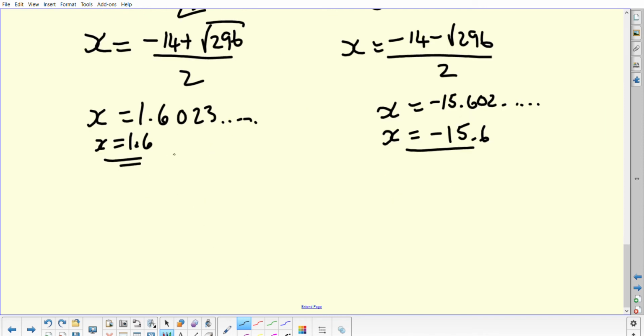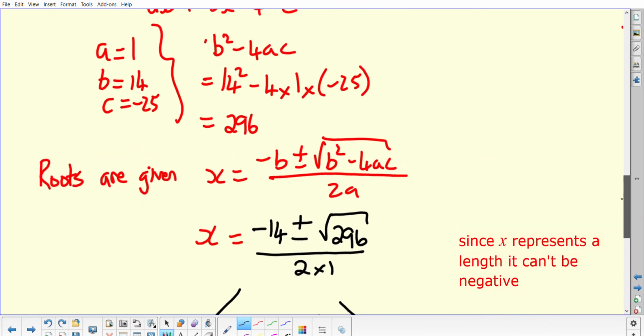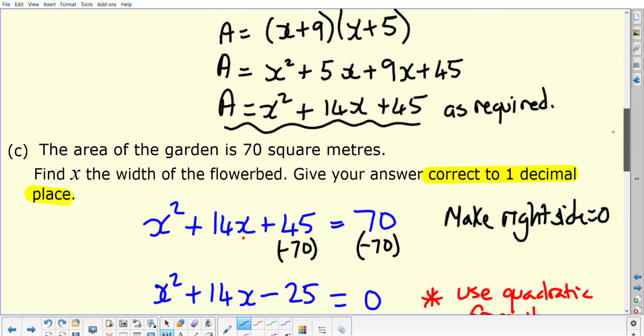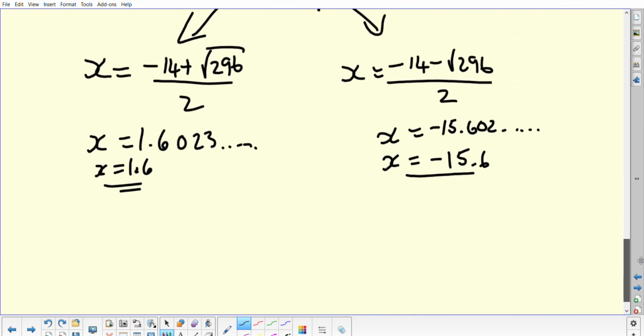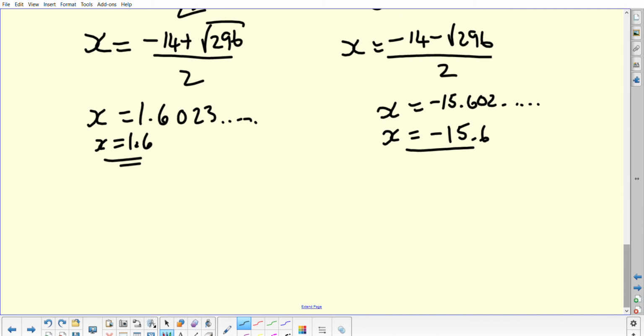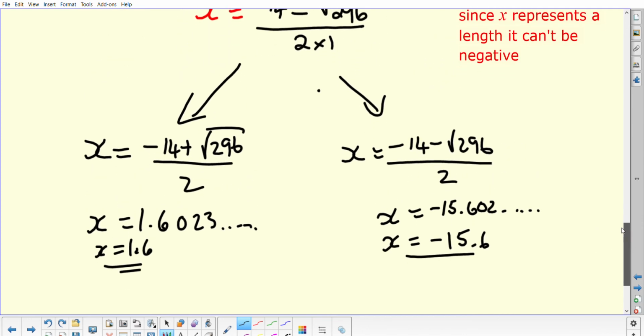So what we've been asked for, if we go back up and think about it, find x, the width of the flower bed, give your answer correct to one decimal place. So here, is it possible that the width of the flower bed can be negative?